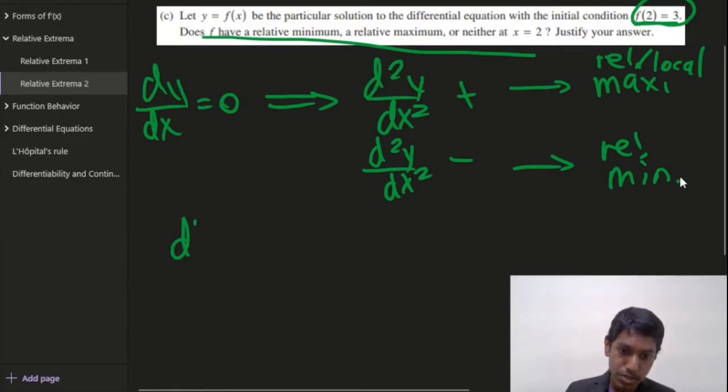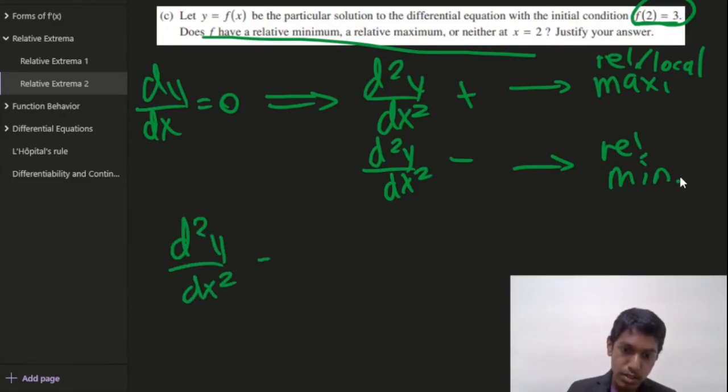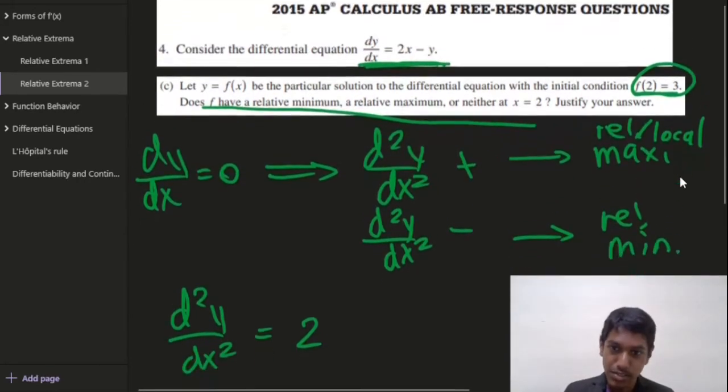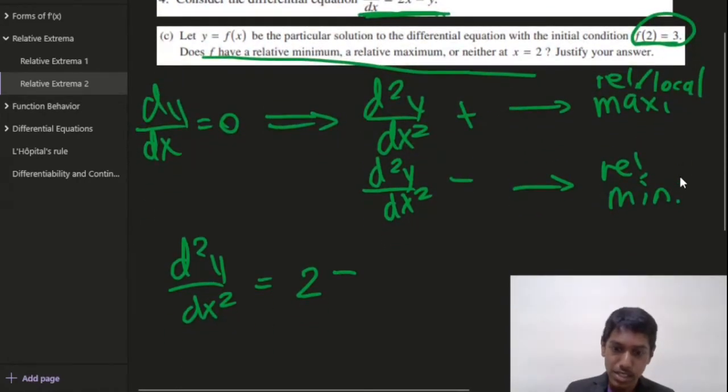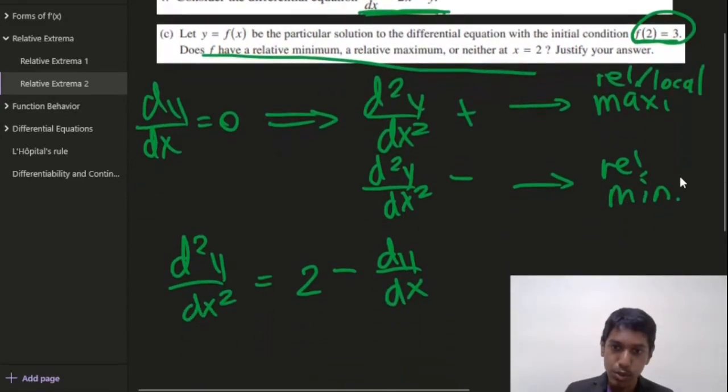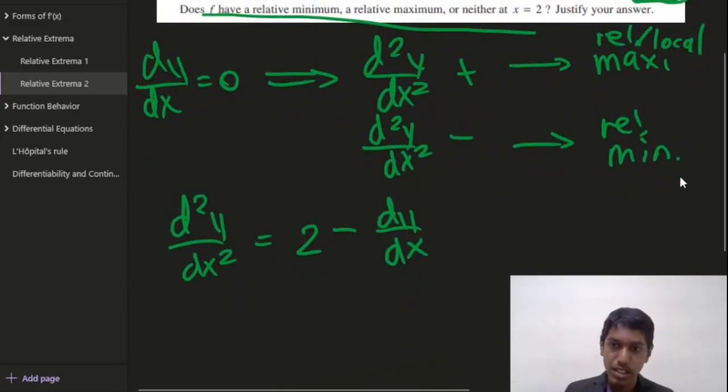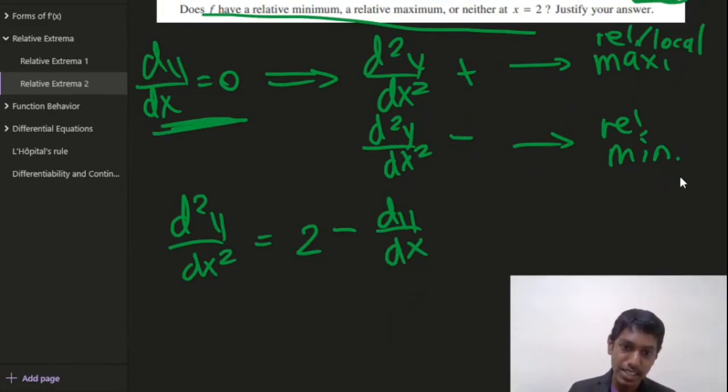So we're going to implicitly differentiate. So it's a 2, right? dx will just be 1. And then minus dy dx. Okay, cool. I mean, we know what dy dx is. So now we have to check that dy dx is 0 before we do anything. So let's do that.